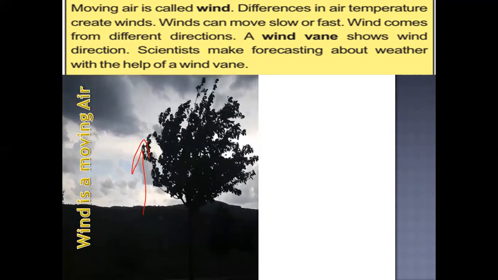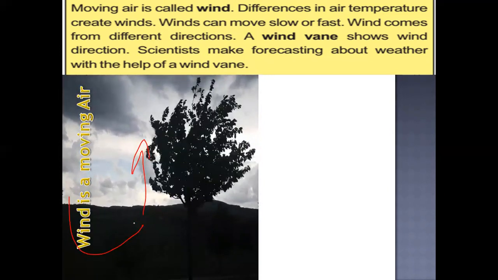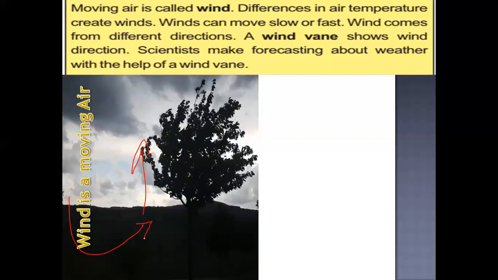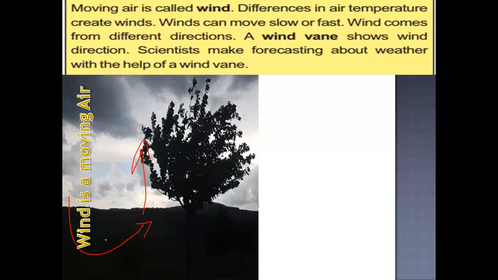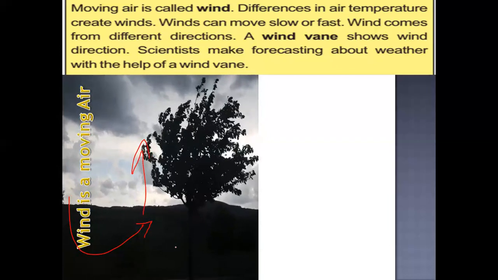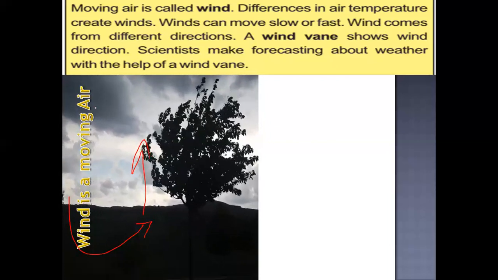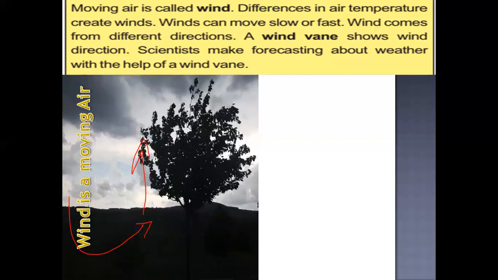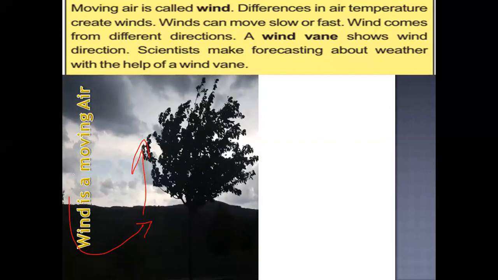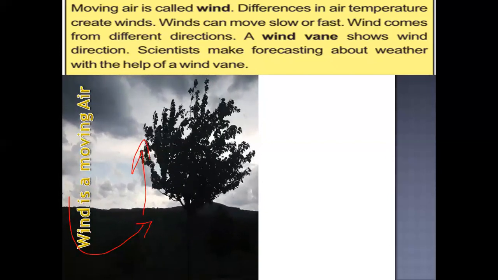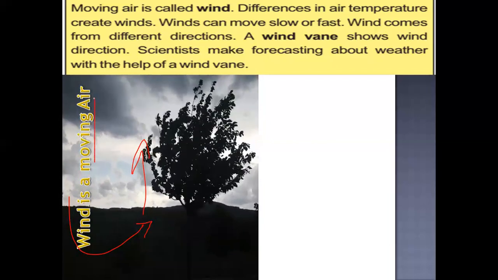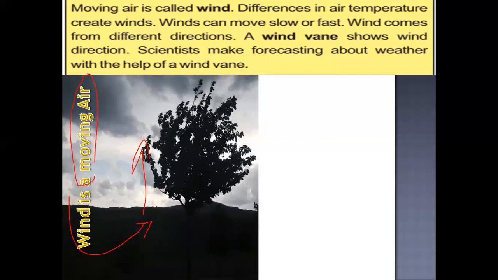To fill that vacuum, cold air from far away, from the seaside or from the other side, comes over to fill it. By that, air circulates, and by that circulation wind is formed. So wind is moving air actually.